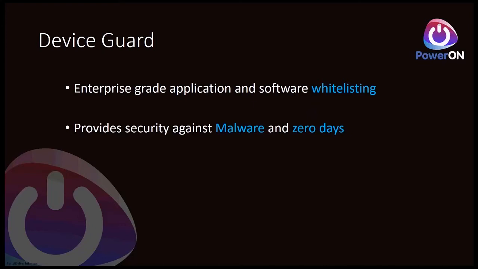So Device Guard does this by blocking any installable software or apps other than those trusted by your organization. So it's like a model where you don't trust anything unless it's corporately defined software.